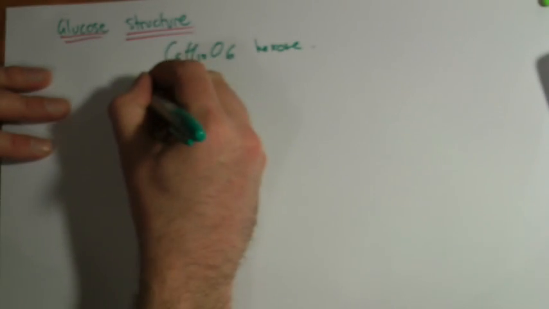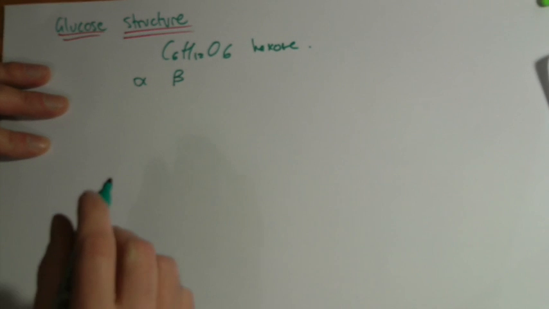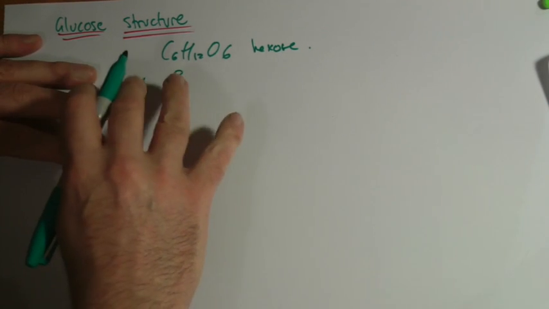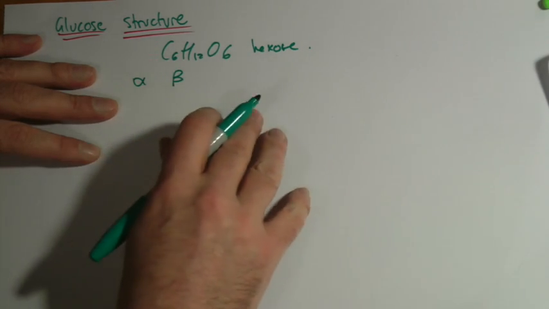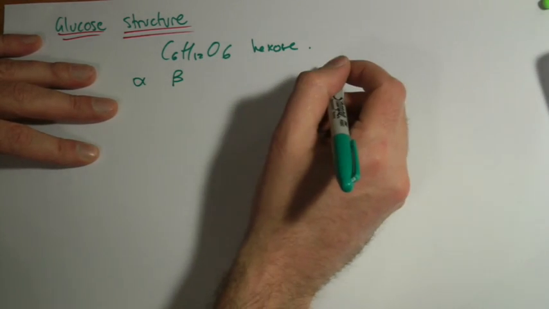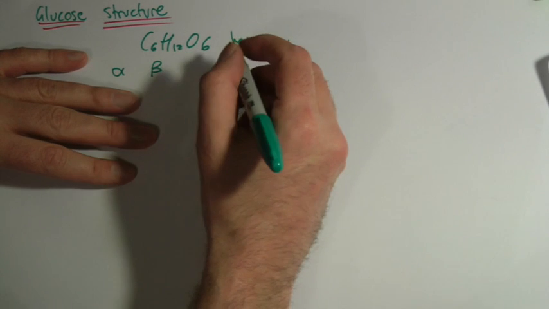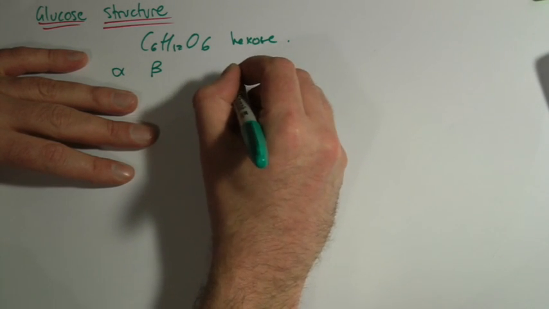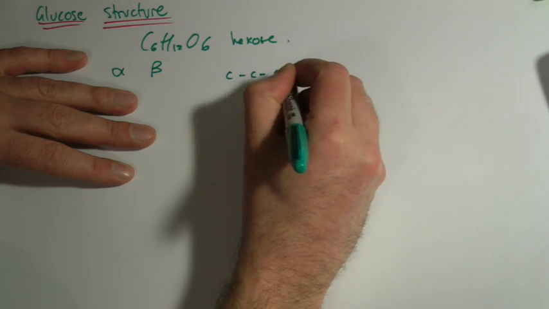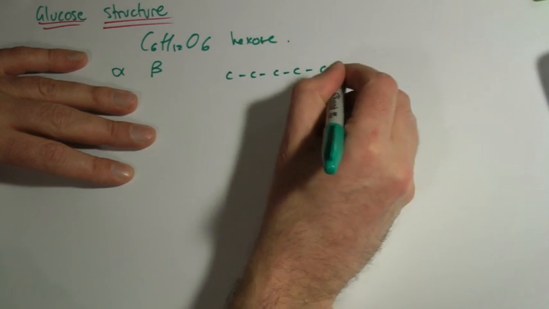But we have these two forms of it, alpha and beta, which look very, very similar. We'll look at the differences in a second, but one thing that isn't made clear is that there's a linear form of glucose. Now, this just means the molecule itself sits in a kind of line. If I draw it out, we'll put our carbons, 1, 2, 3, 4, 5, 6.